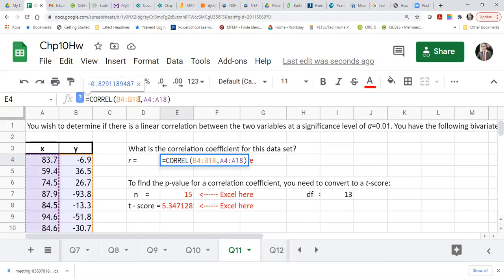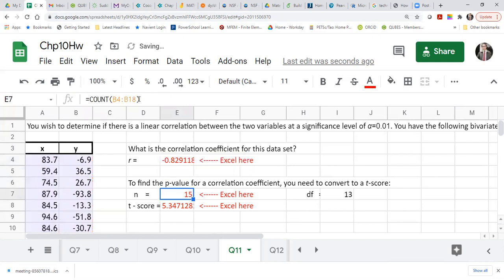So first, you need to find what is the correlation using this data, and also the command equal CORREL, enter. You change this one already, right? And this is automatically calculated. Remember the formula from the textbook.